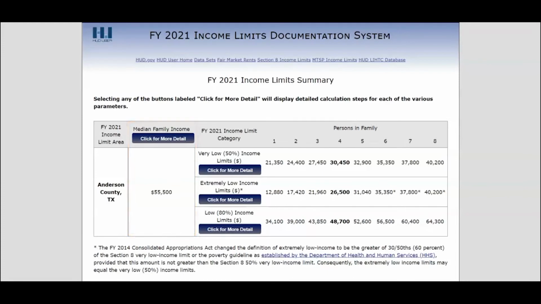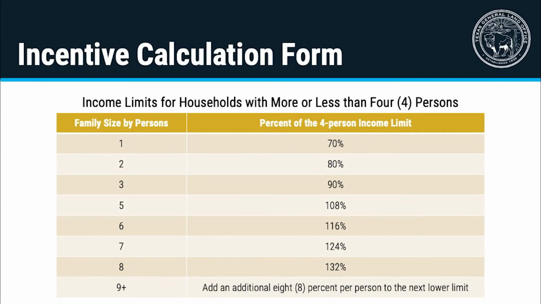However, households that have any other amount than 4 people will need to calculate the 120% income limit for their household size. Here is a table for calculating income limits for households of more or less than 4 people. For each family size, multiply the percentage amount shown by the 120% median income amount for a 4-person household.